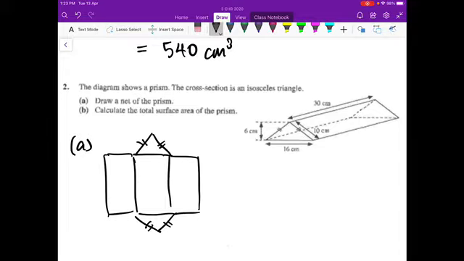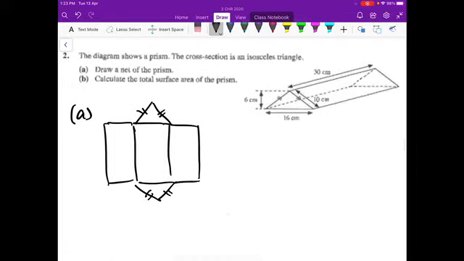Okay, this is one option. And you can actually include 10 cm, 10 cm, 10 cm. No need, but it helps you visualize.